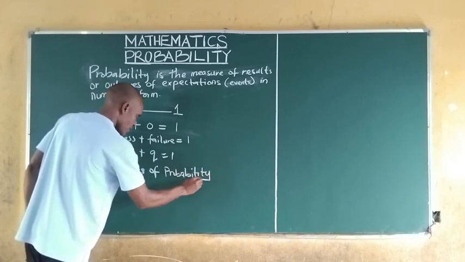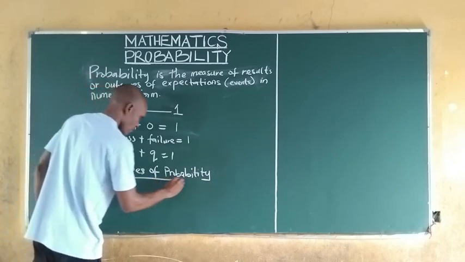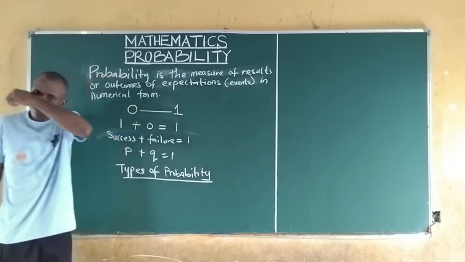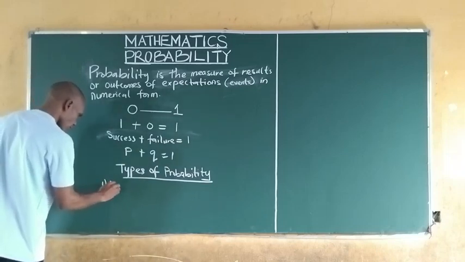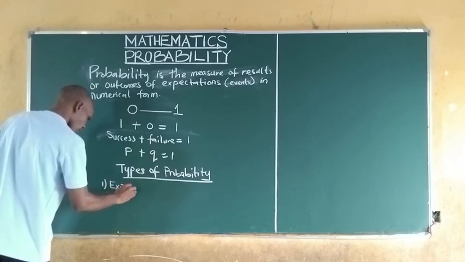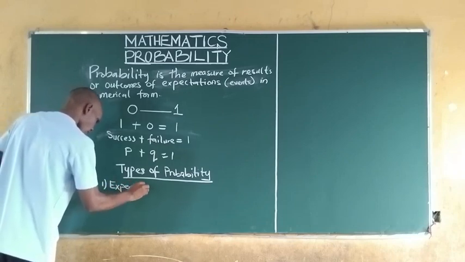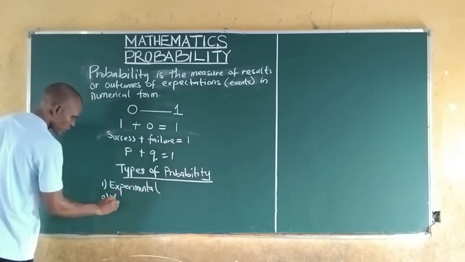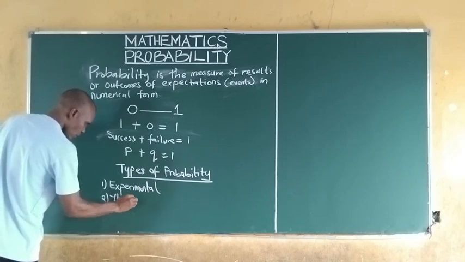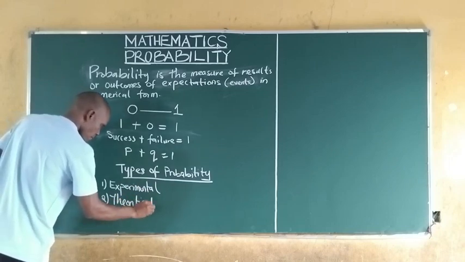One, we have the experimental probability. Two, we have the theoretical probability, which I will explain.